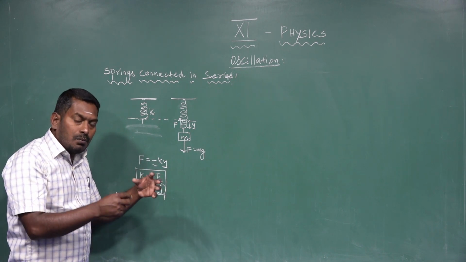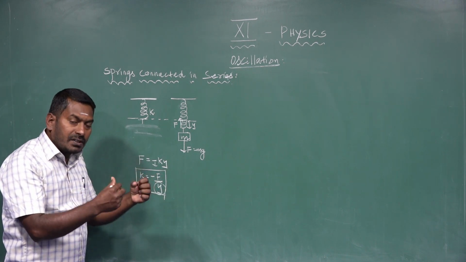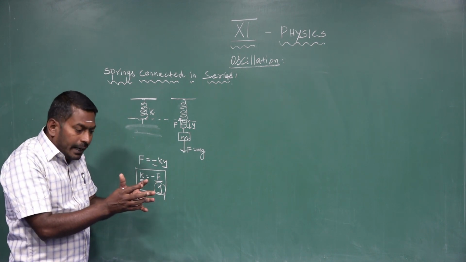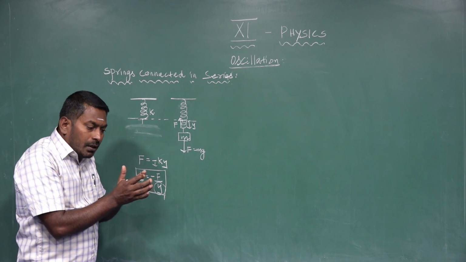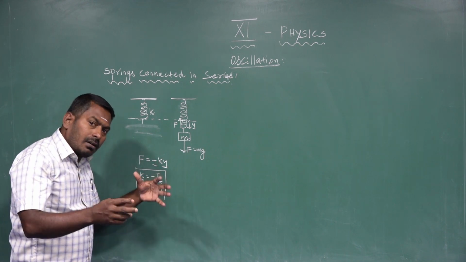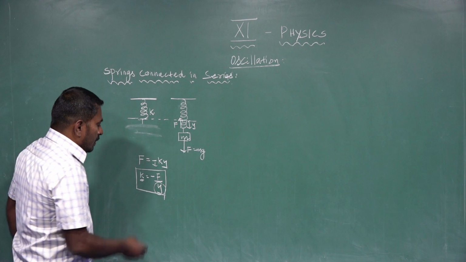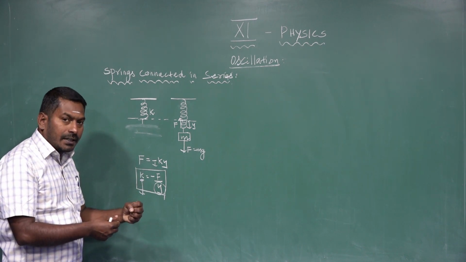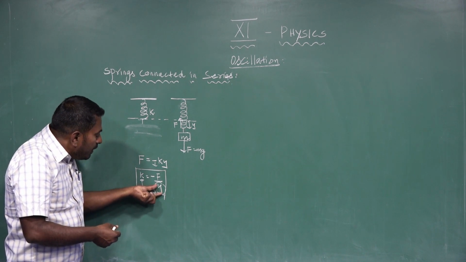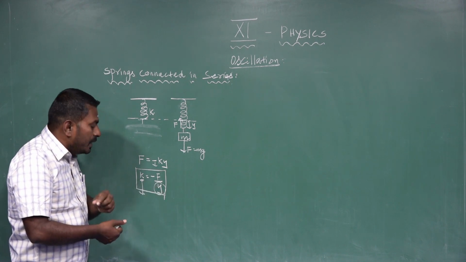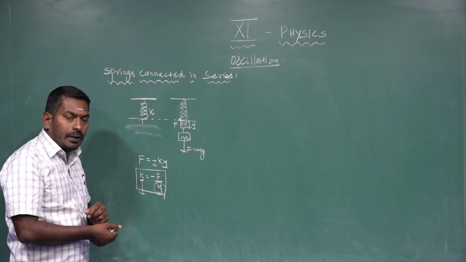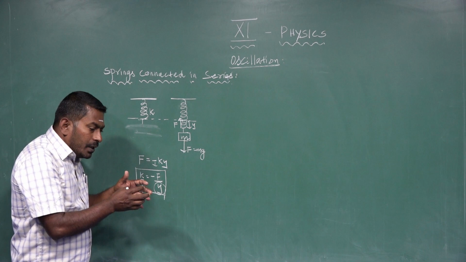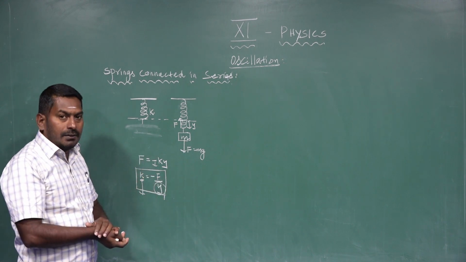If any spring has a larger force constant or stiffness constant, the spring is stiffer, which means a greater amount of force is required to elongate or compress the spring. In the same way, if a spring has a lesser stiffness constant, for an elongation through a distance y, a lesser amount of force is required to elongate or compress the spring.